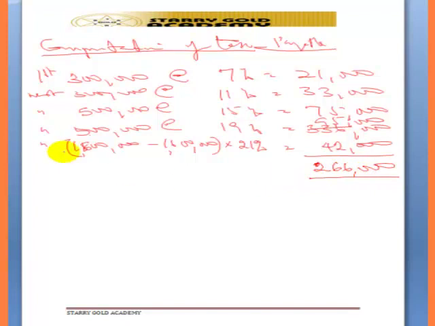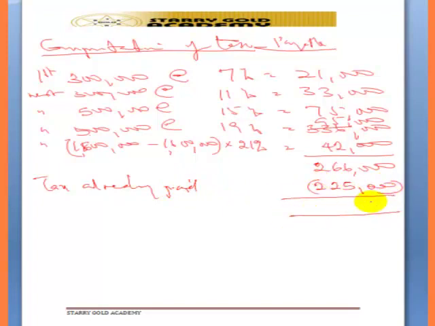266,000. No, we can't close it because we have a tax that has already been paid, and tax already paid is 225,000.